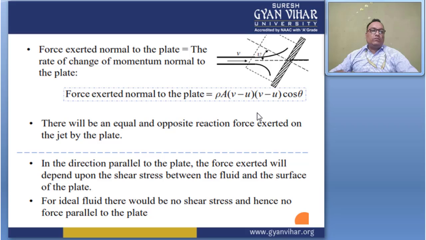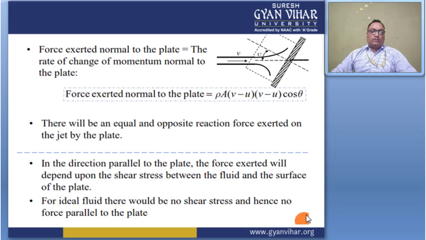In the direction parallel to the plate, the force exerted depends upon the shear stress between the fluid and the surface of the plate. For an ideal fluid, there would be no shear stress, and hence no force parallel to the plate is exerted.